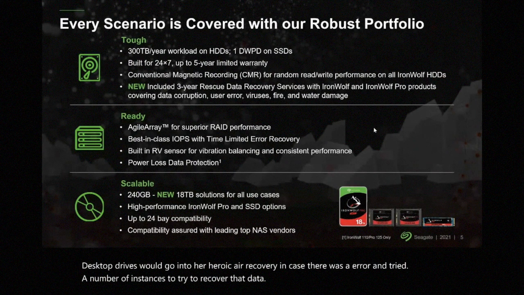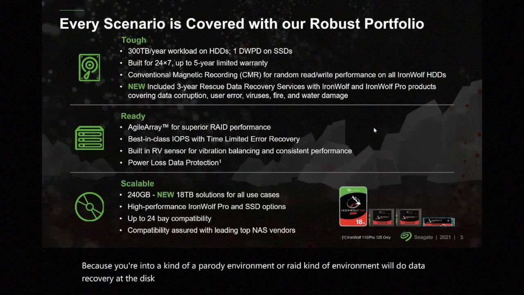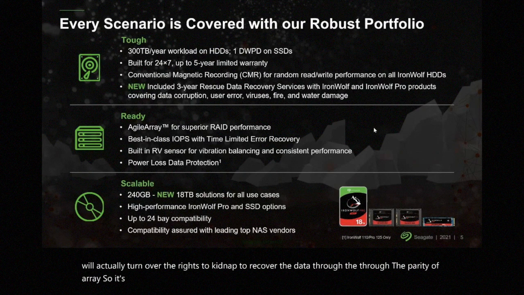Because you're in a parity or RAID kind of environment, we'll do data recovery at the disk level for about 7-8 seconds. And then if we cannot recover it on our own, we'll turn over the rights to QNAP to recover the data through the parity or the RAID. So it's going to be the best performing, best technology that's going to interact in that NAS environment.